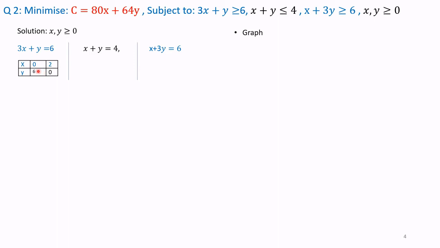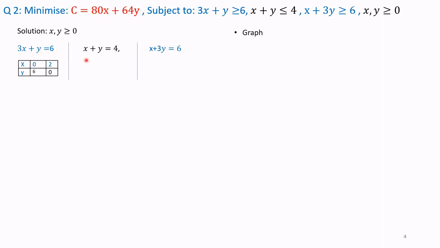Now, to get the second point, in the next step we put y equal to 0, shown in the second row, third column. If we put y equal to 0, we get x equal to 6 by 3, or x equal to 2. Thus we got 2 points required for drawing the line 3x plus y equals 6.